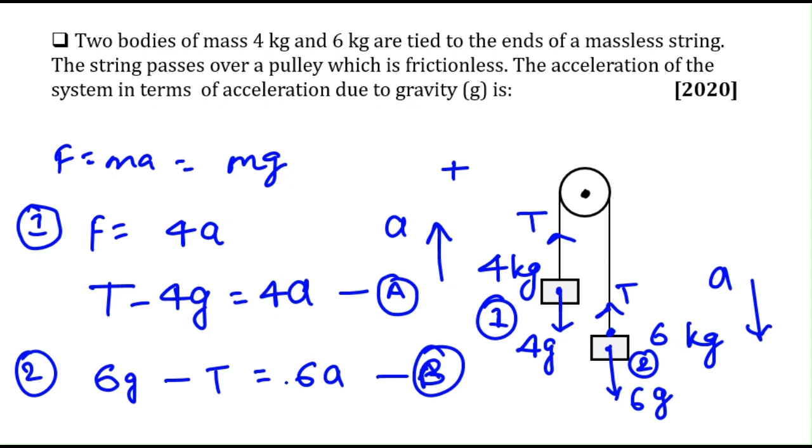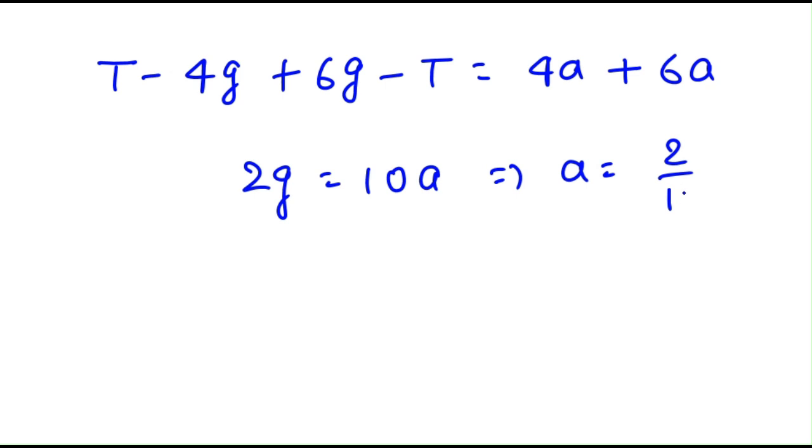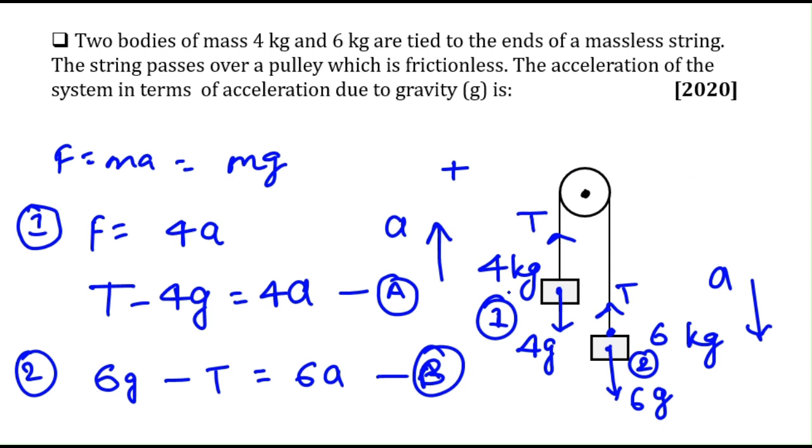So finally, T and minus T will result to 0, and then we have 2g equals 10a, and then a equals 2 by 10 times g, or simply a equals 1 by 5 times g. So this is the acceleration of this system in terms of acceleration due to gravity.